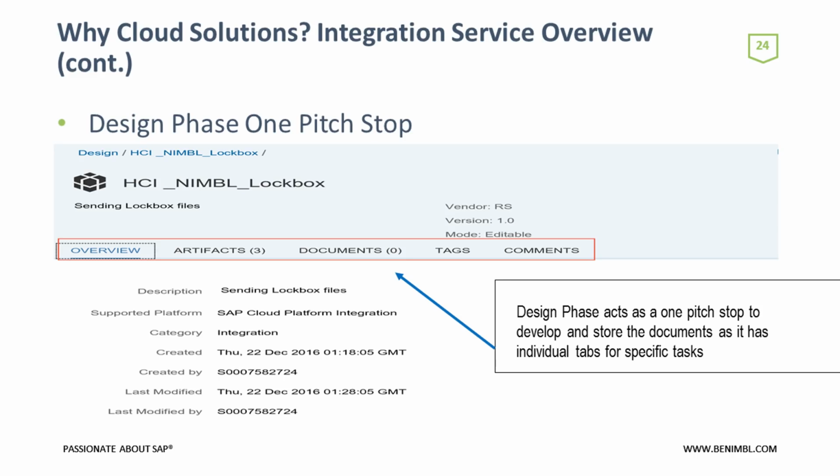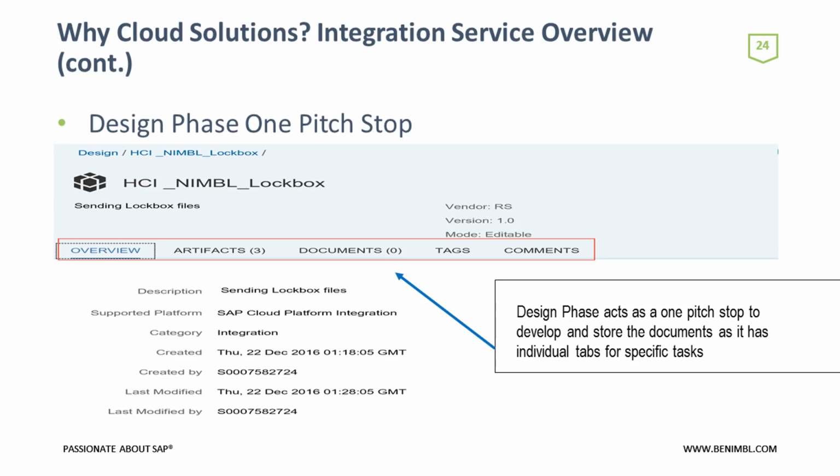When you look at this, the business person will have the capability to put in the purpose of this particular interface, and the documents like BRD documents, if any, and technical specification and functional specification documents. And if there are any changes or comments, they can be put in the comments tab.